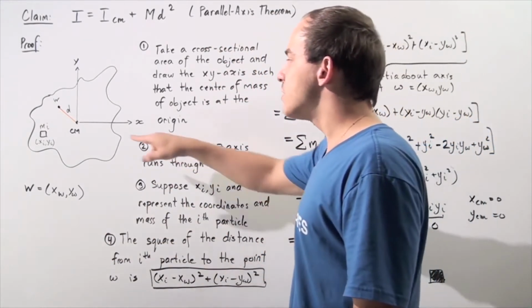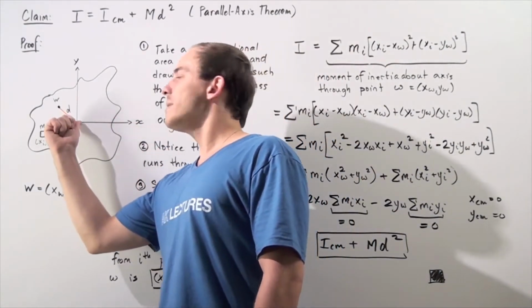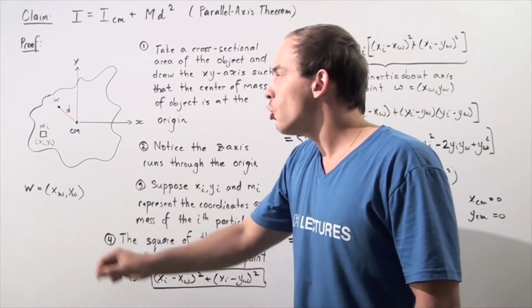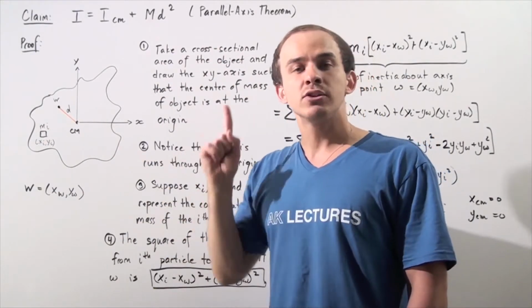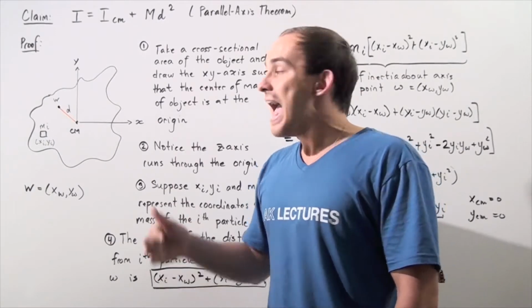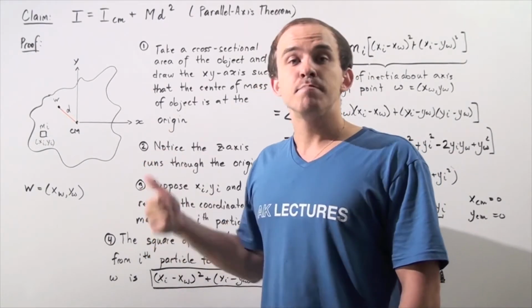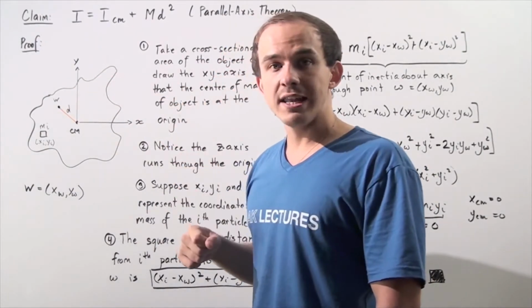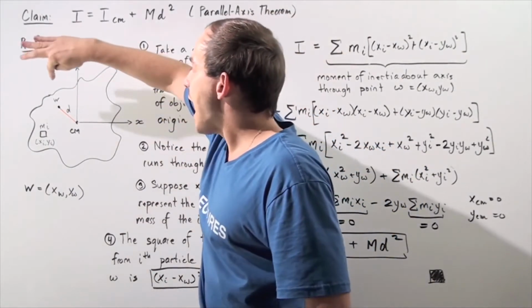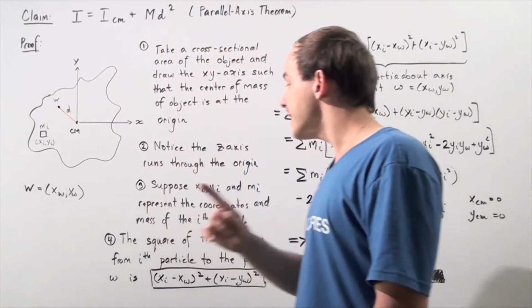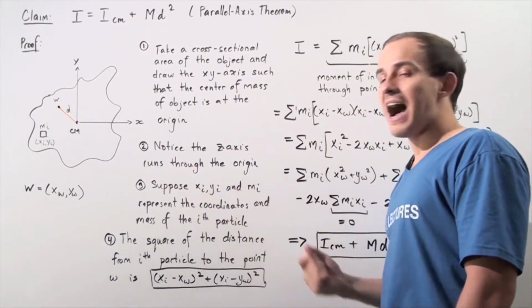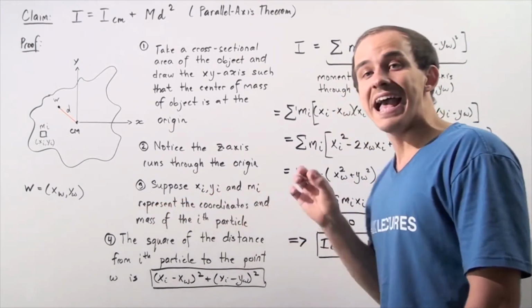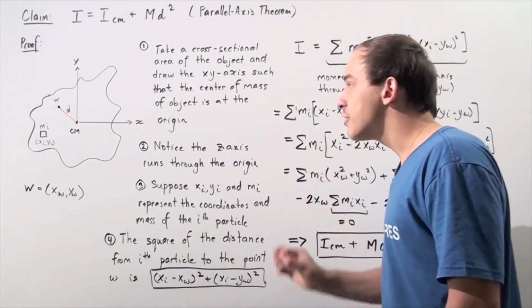Now notice that the z-axis, which is coming out of the board and going into the board, goes directly through the origin. So it goes directly through the center of mass. And this z-axis is parallel to the axis about which our object is rotating, the axis that goes through our point W. Now, suppose xi, yi, and mi represent the coordinates and the mass of the ith particle.